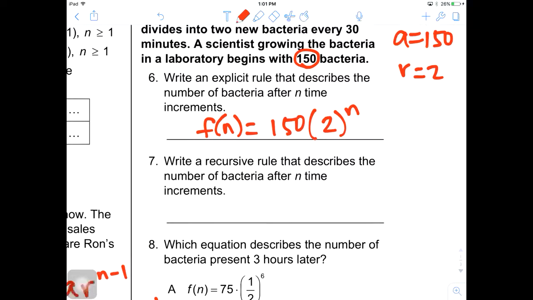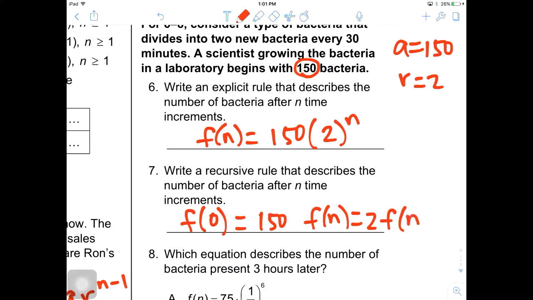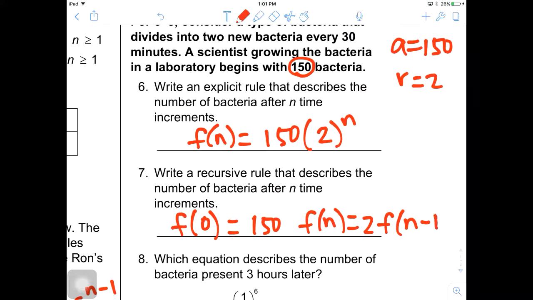So we're going to start with describing that f of 0 is equal to 150, and then f of n is going to be 2 times the previous term, because it divides into 2 new bacteria. So it's going to be 2 times the previous, and then that's going to be n greater than or equal to 1.